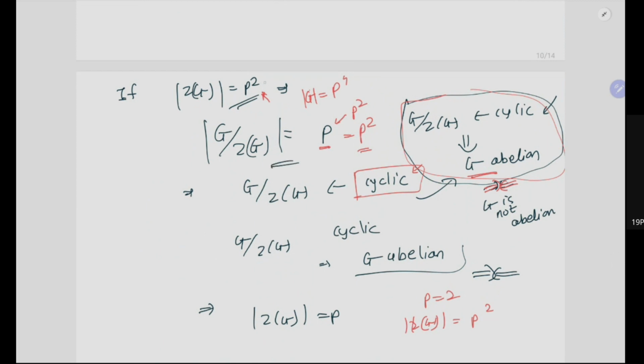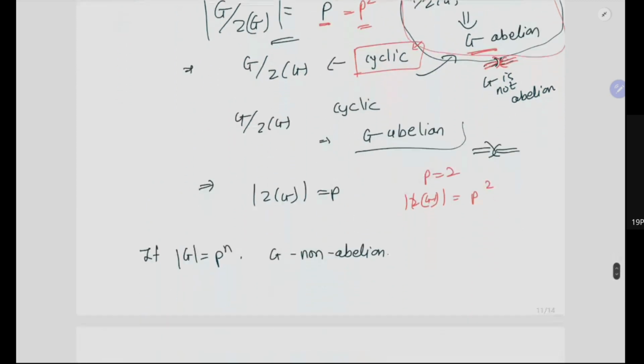Because once we have p power n minus 1, then G by ZG becomes of order p, and so ZG cannot be equal to p power n minus 1. This is what you are saying, right? Yes.